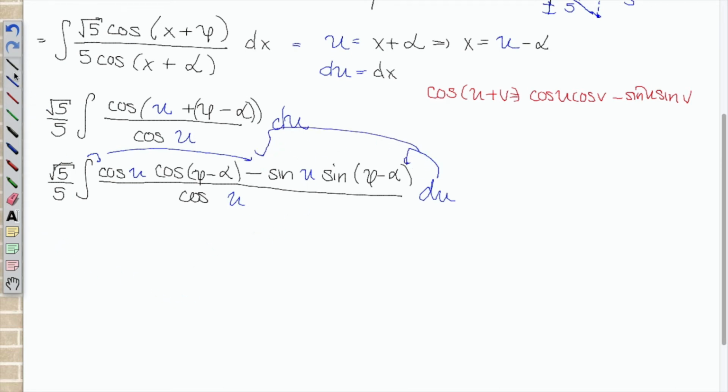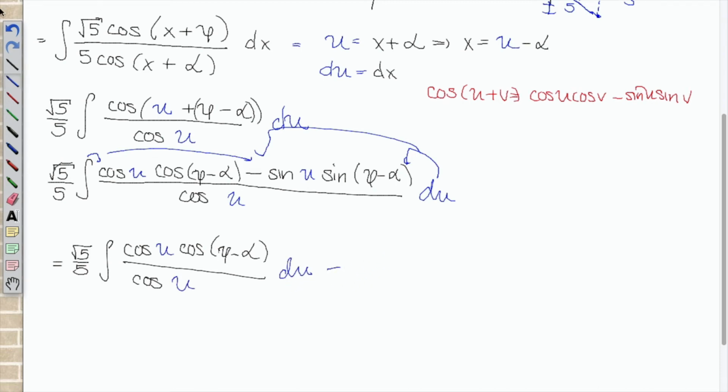So now this whole mess becomes the square root of 5 over 5, the integral of cosine of u, and I'll show you the cancellations, and cosine of phi minus alpha, subtracted from, and remember, numbers get jealous, so we'll distribute that square root 5 over 5, integral.